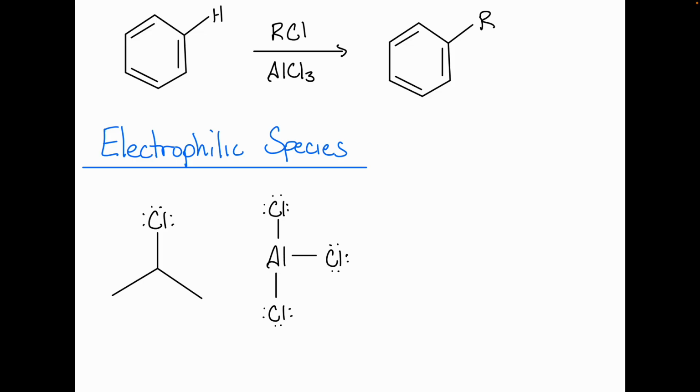All right, and just like before, that aluminum is going to accept a pair of electrons from that halogen. Okay, but instead of forming some sort of a complex, it actually just plucks that chlorine off altogether. So this bond breaks at this same time.